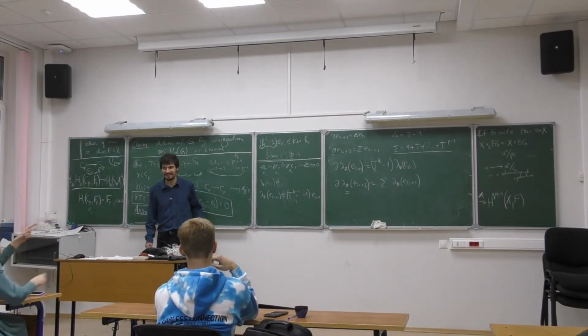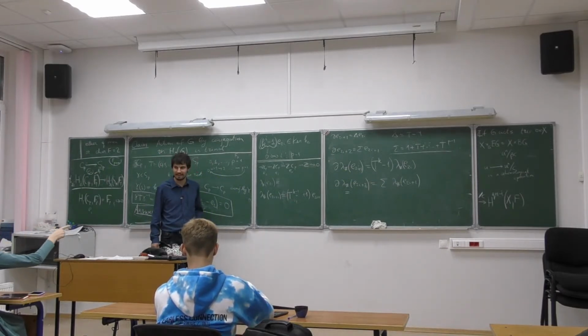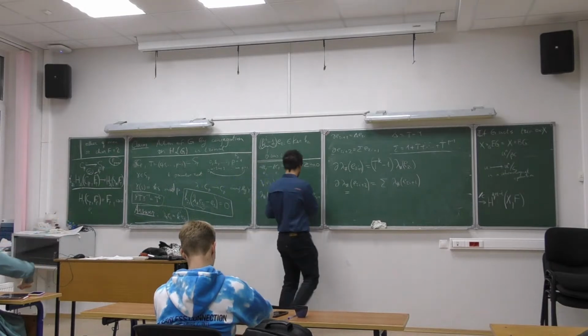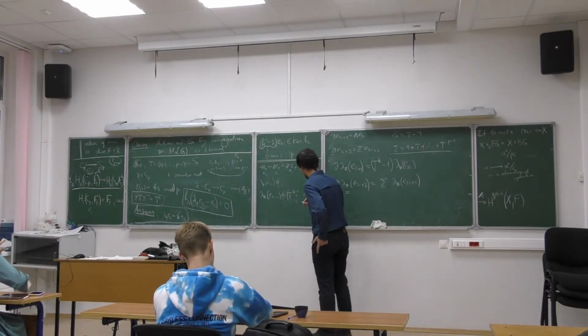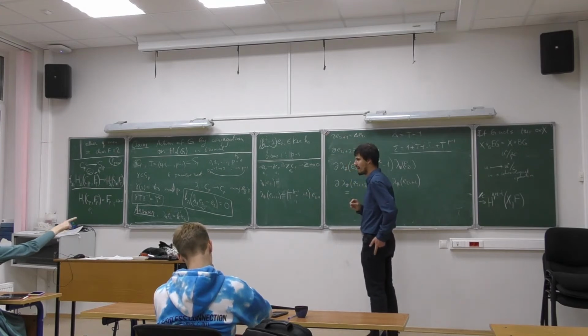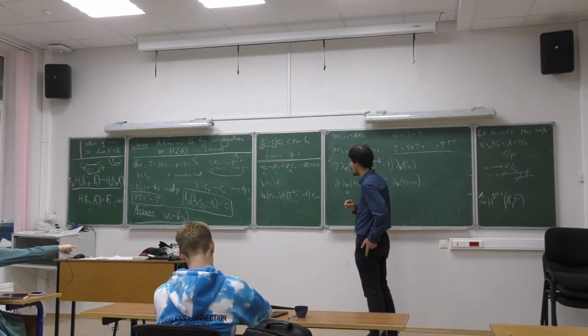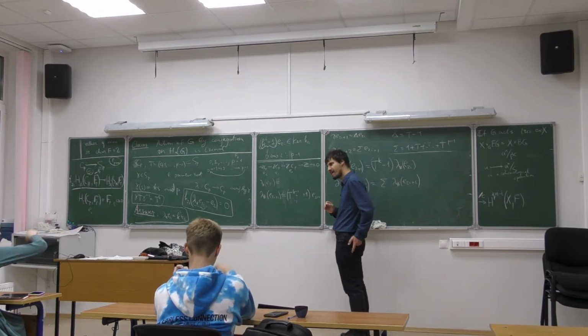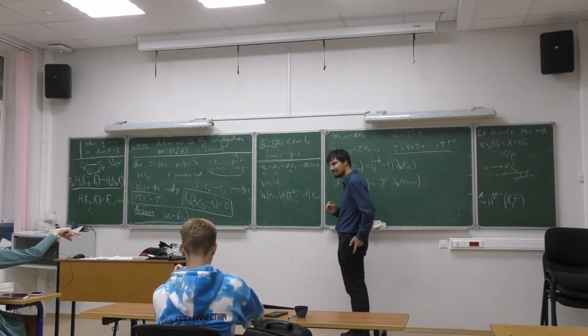So if we have some polynomial of t, we should take it to the power k and put this into the power I. So this bracket we should take to the power I, I believe. I'm not sure how to write it in these terms, but if we have some polynomial of t, instead of it we should take the polynomial of t to the power k.